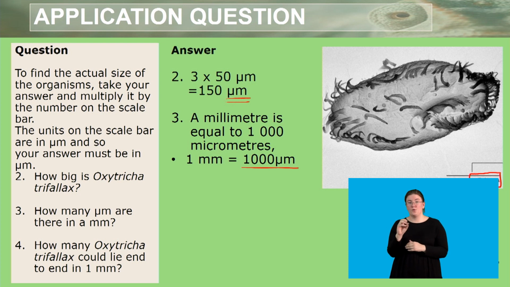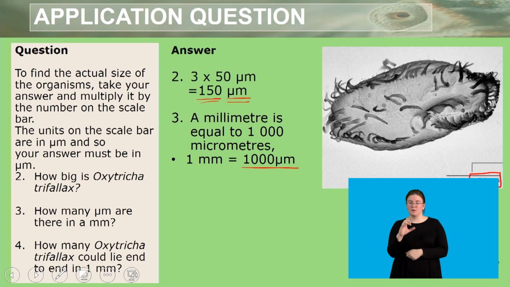So we are trying to calculate how many of these Oxytricha triphelix we can have lying down in a millimeter. We already know that 1 measures 150 micrometers.